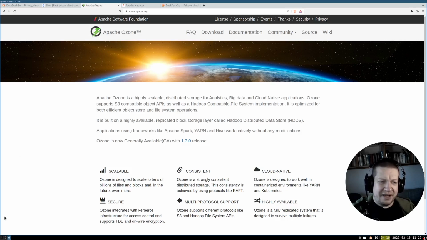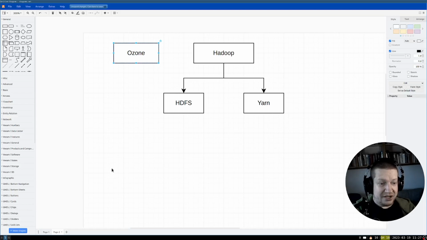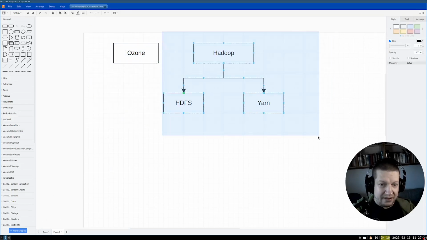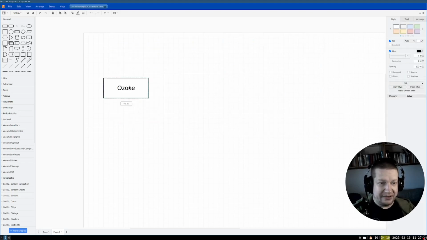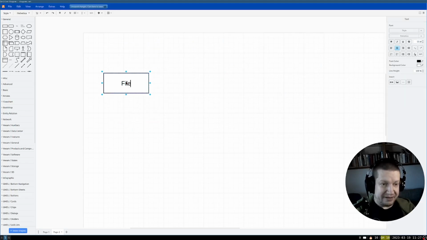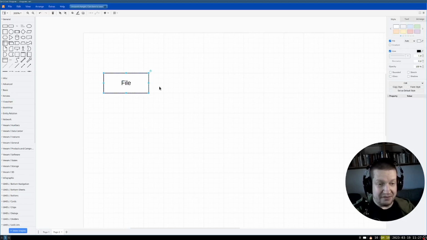So even if those use cases are kind of different, if we check the architecture, surprisingly, they are very similar. Both of these storage systems, let's say Ozone and Storj, use a very similar pattern.